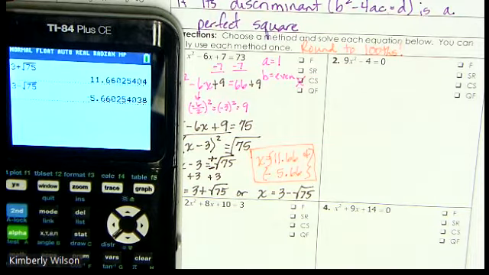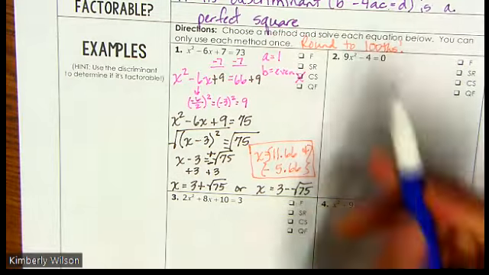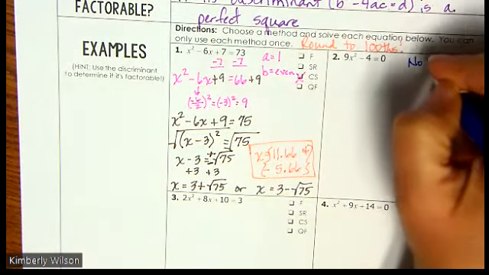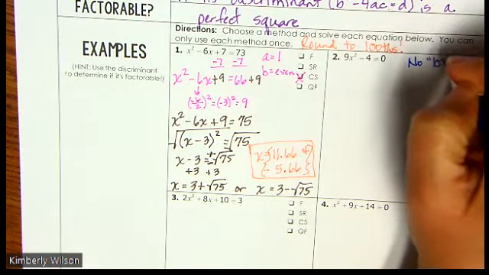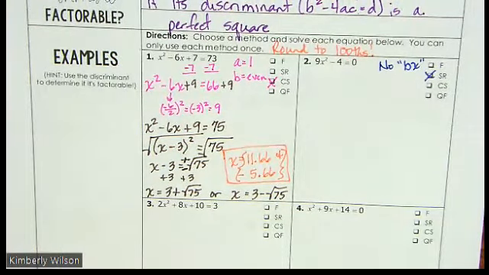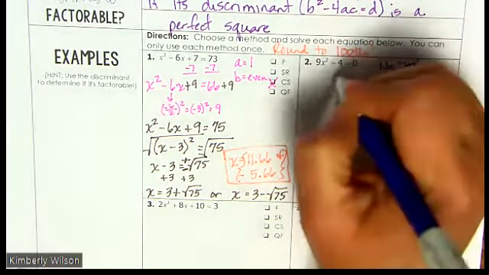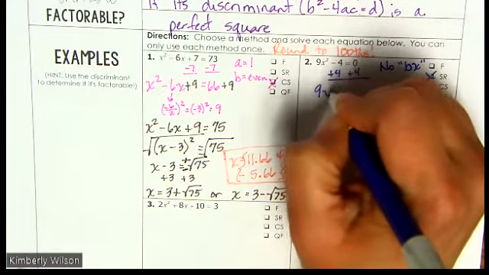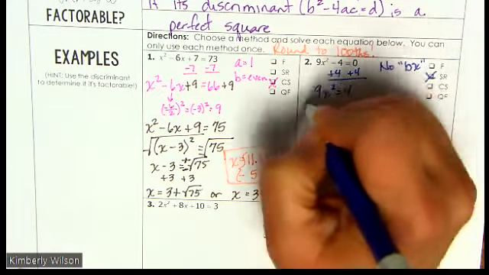All right, let's look at this next one. Okay, well, first off, there's no bx term. So that means square root is going to be my option. So I'm going to add 4, and we end up with 9x squared equals 4.